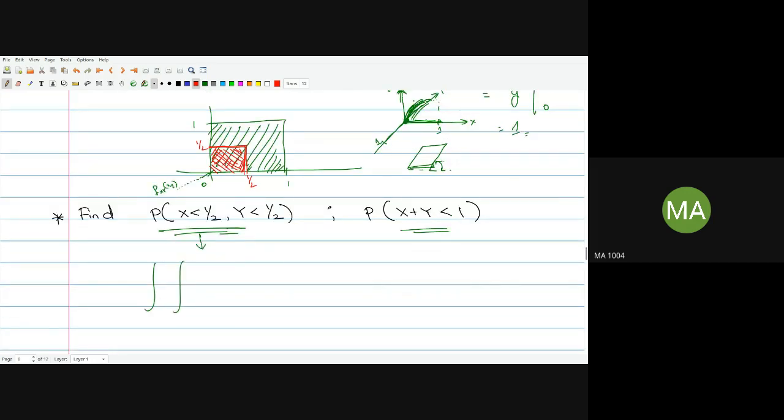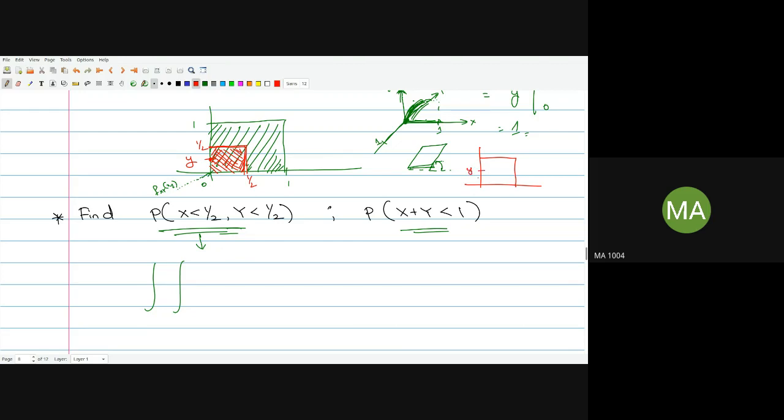So look at the region. What you have to do is fix one variable, x or y. I am fixing y. So I fix some y and look at the limits of x.